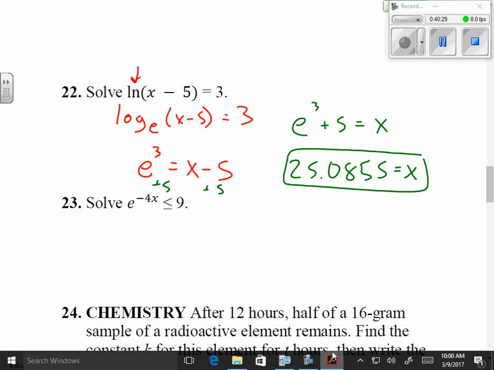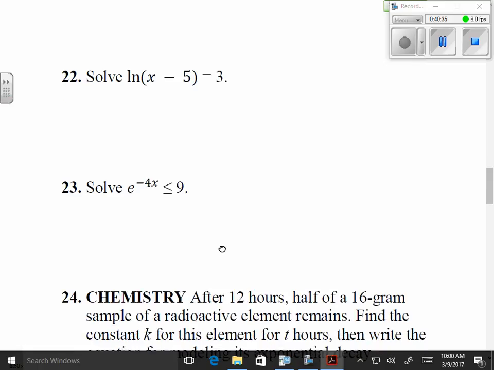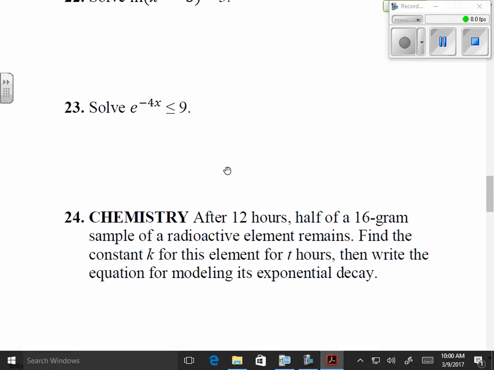Same thing with number 23. But we have an inequality we have to deal with. And so you could say, change it into logarithmic form and say log base e of 9, but what happens here is that would need to reverse the inequality to be equal to negative 4x.